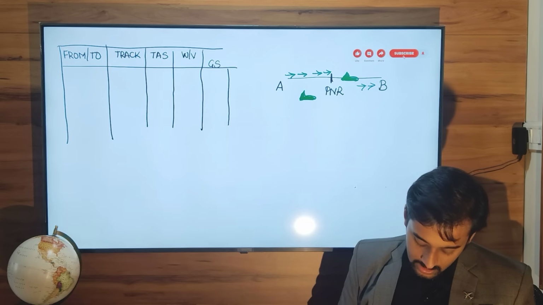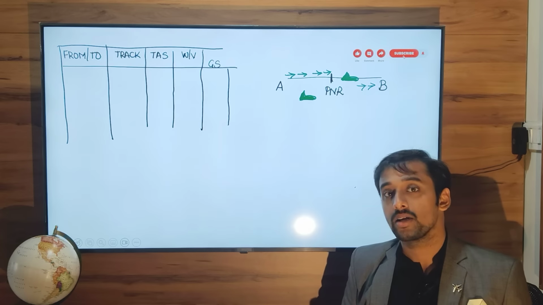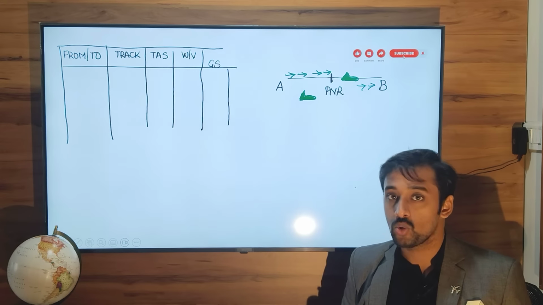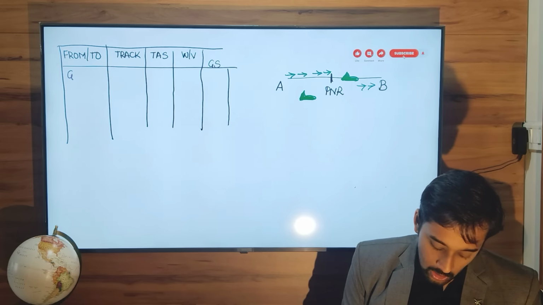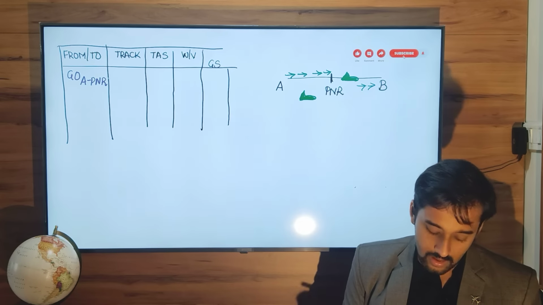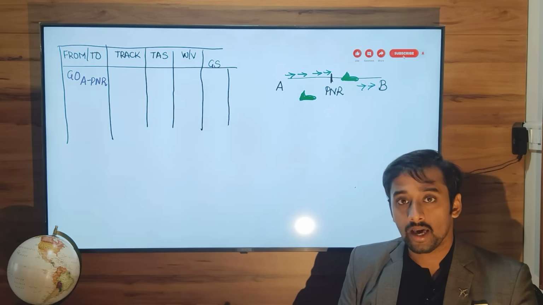Now for this table, you will have to make two rows. In the critical point, you made three rows. For this, first your ground speed outbound from A to PNR, point A, your starting point, to PNR.